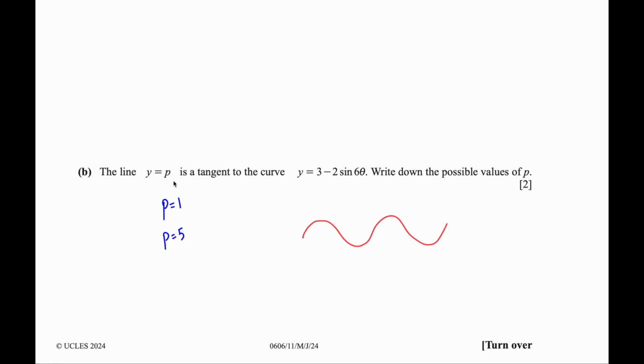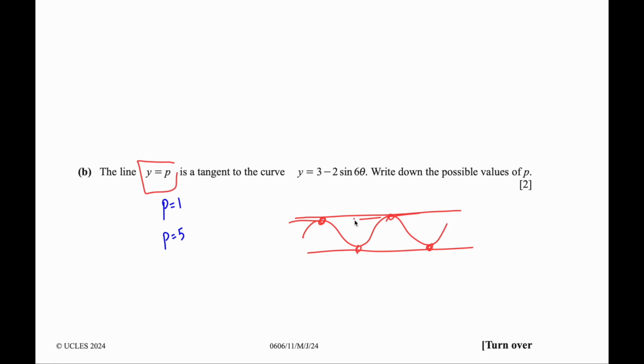If you want y to be P, and any line in this format is a horizontal line, if you want it just to touch the curve, basically to be the tangent, that means it either has to touch the maximum point or touch the minimum point.